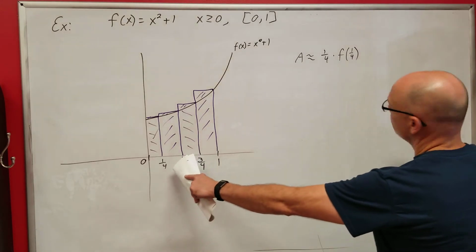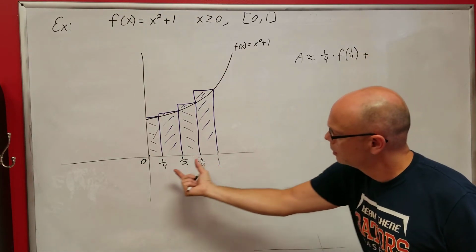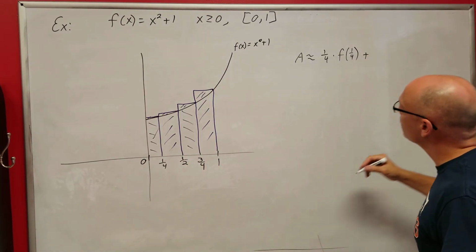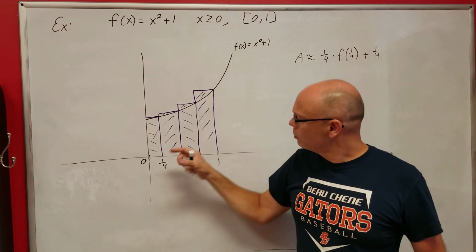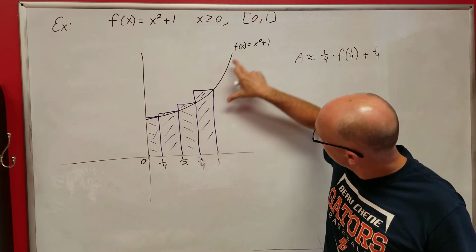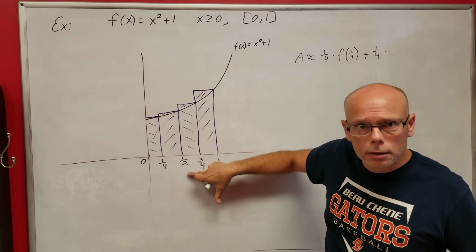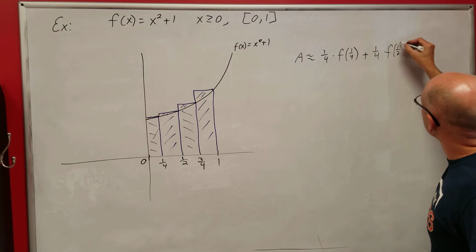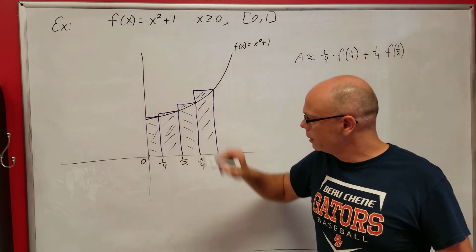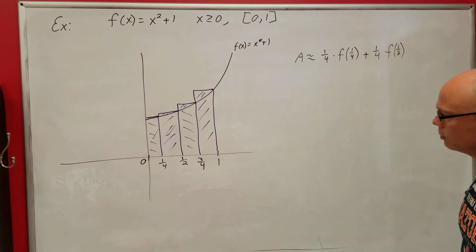My next rectangle now, what is the width of it? 1/4 to 1/2 is what? 1/4. So I have the width. What's the height of it right here? My function f evaluated where? At 1/2. So that was the area of my second rectangle.